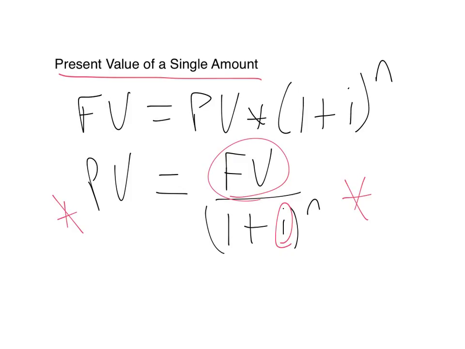Now, this term interest is a little bit confusing because we're not actually earning interest. In fact, we're giving up interest by receiving the money in the future. So generally we don't refer to this as an interest rate, but rather as a discount rate. This is the rate that an individual discounts future cash flows.